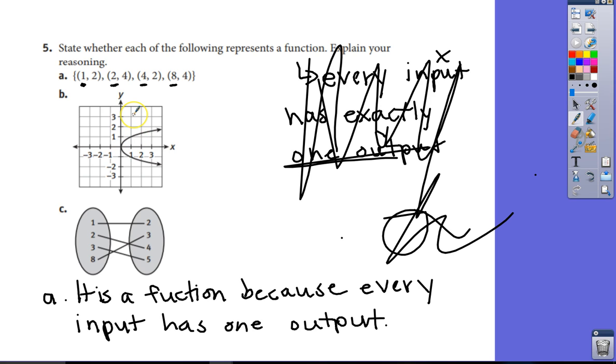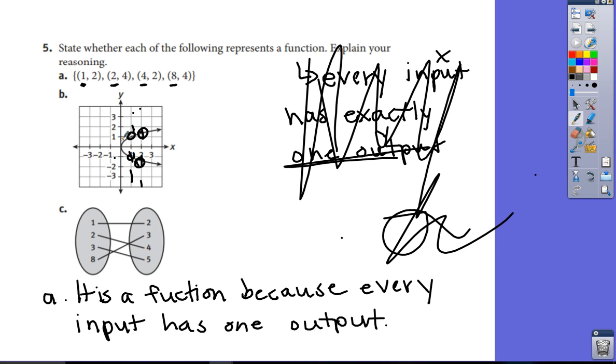Letter B. We're going to look at the vertical line test for letter B. And if you remember the vertical line test, we're just going to put our vertical line down here and see if we intersect more than one point. Okay, we got a point here and a point here. Because we have more than one point on the line, that's telling us that we have a part where x has two y's. X has one y here at -1 and one y here at 1.